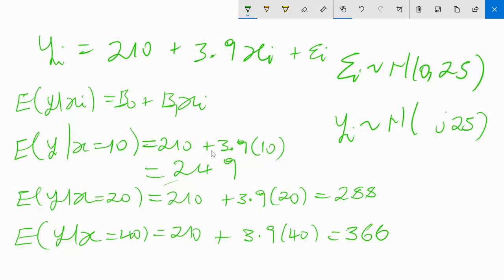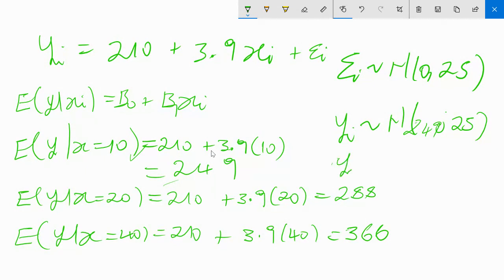And this is 366. So the distribution of y for the first value of x, which is 10, means y1 is normally distributed with a mean of 249 and a variance of 25.